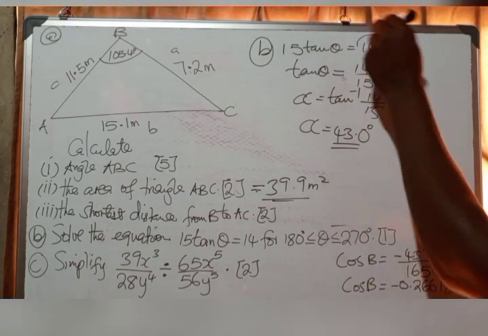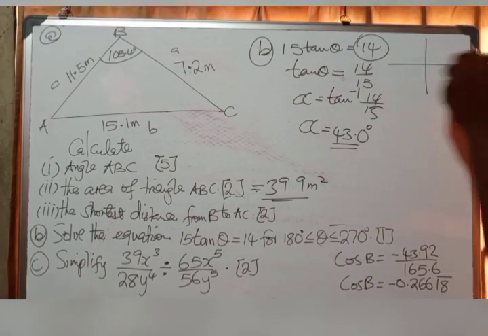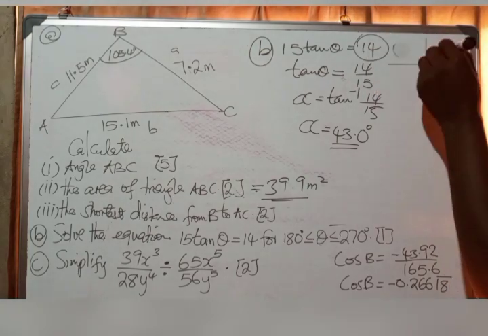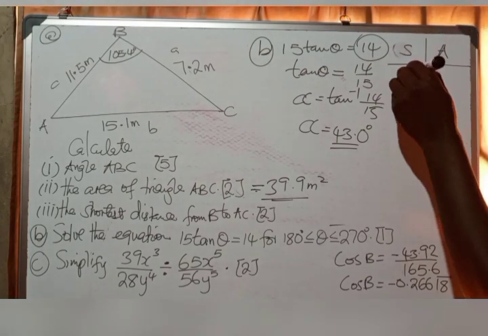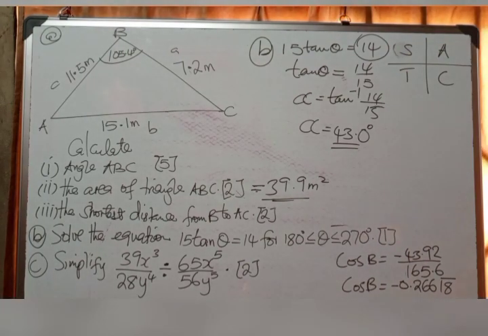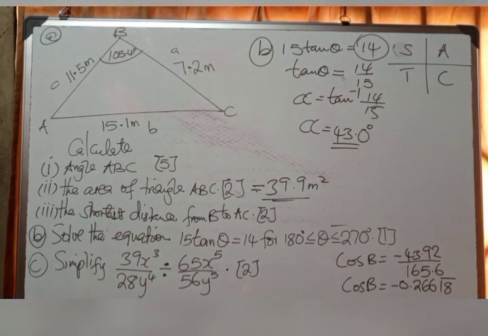So this 14 is positive. So if you go to quadrants, in which quadrant is tan positive? So the quadrant where tan is positive is that quadrant.